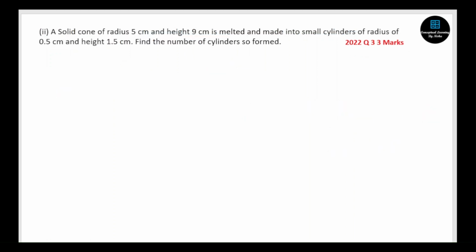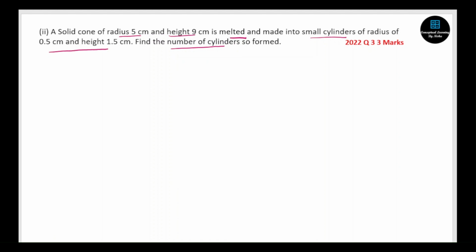Now next question, again a 3 marker question from 2022 paper. So a solid cone of radius 5 centimeter and given height is melted and made into small cylinders. Alright, with the radius and height they have given, now we have to find the number of cylinders. So remember, melting and casting, I have already covered that formula.